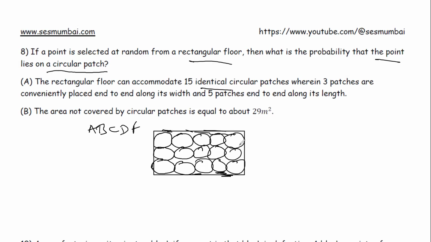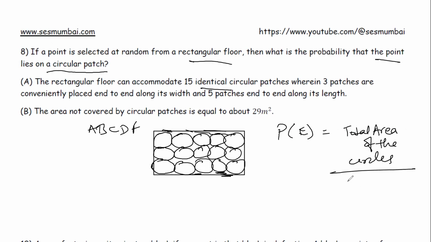So then if a point selected at random lies in the circular patch, the probability of this event is the total area of the circles upon the total area of the rectangle.